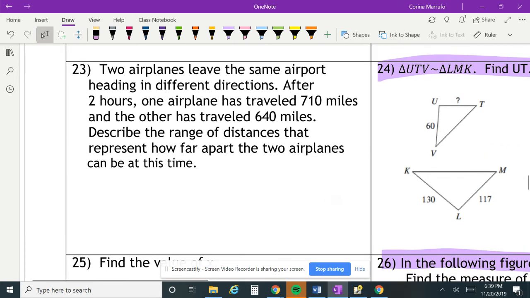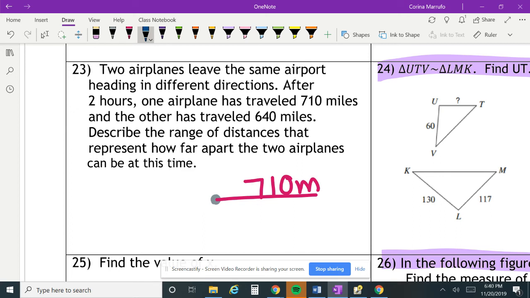Number 23, it says 2 airplanes leave the same airport heading in different directions. After 2 hours, one airplane has traveled 710 miles and the other has traveled 640 miles. Describe the range of the distance that represents how far apart the 2 airplanes can be at this time. So we have the first airplane flies, say he flies this way, and he goes 710 miles.